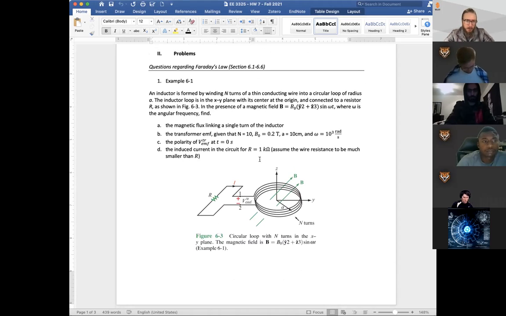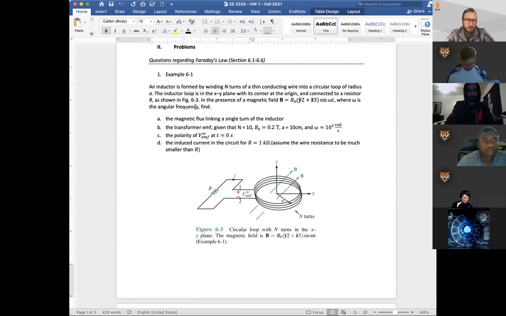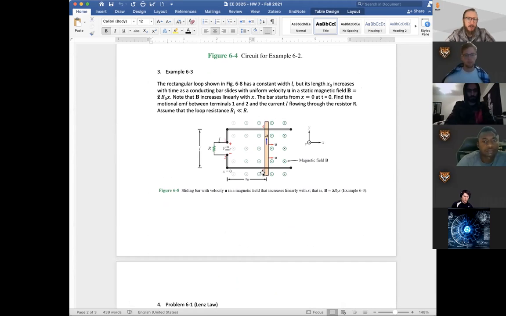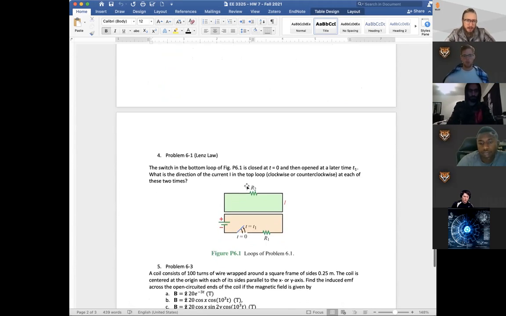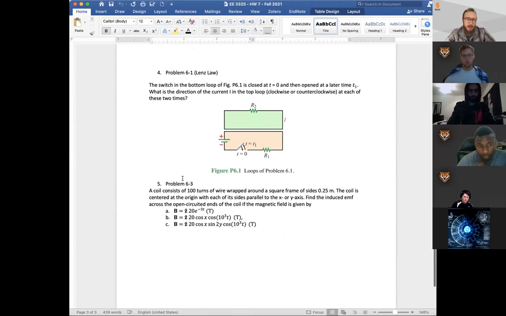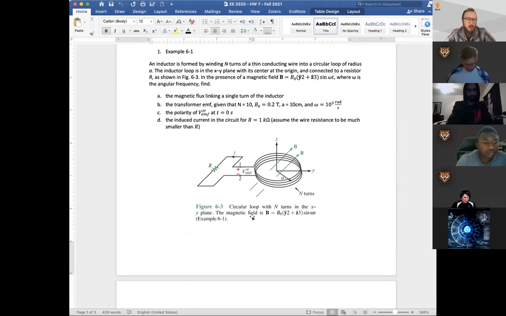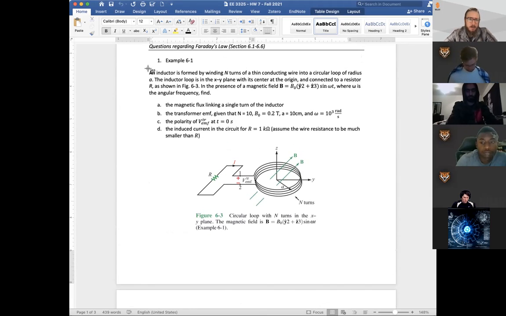Examples 6.1, 6.2, and 6.3 are shown in the textbook, and we're just going to look at them in more detail. And then the last two problems, 6.1 and 6.3, are problems right from the back of the chapter in the textbook. Okay. So let's start with this one.